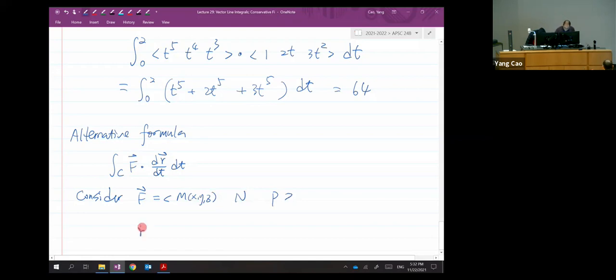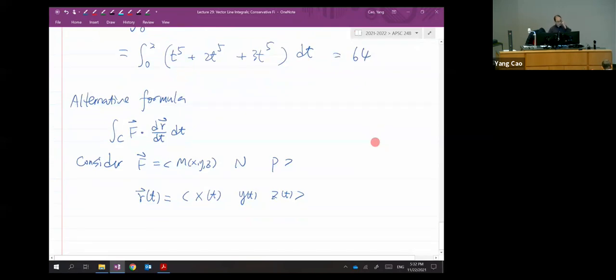And then you also have the r, it's probably also given as x of t, y of t, z of t. So those 2 are given. And then if I start to substitute these general symbols into this formula for the vector line integral, let's see what we end up with.